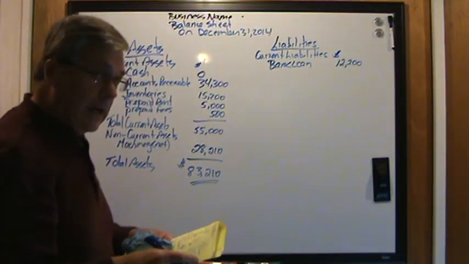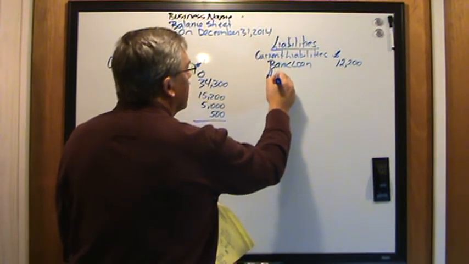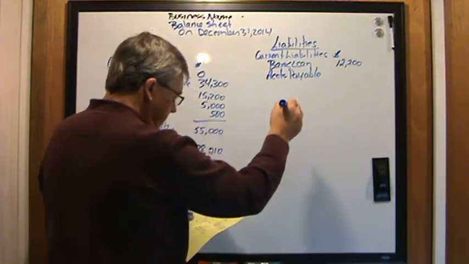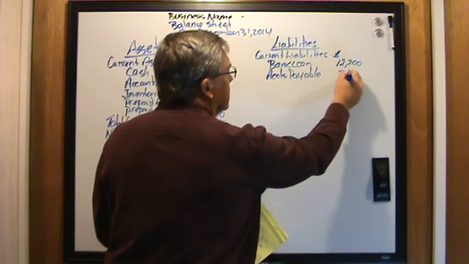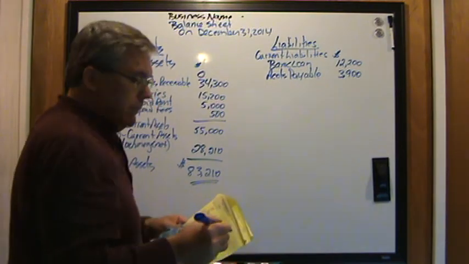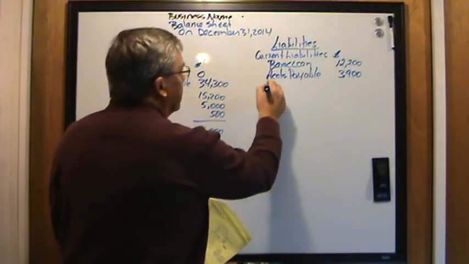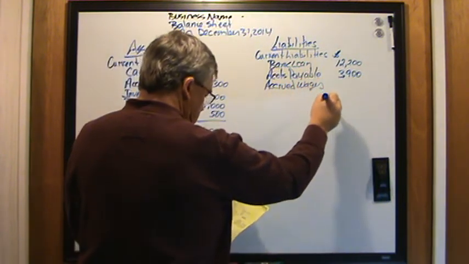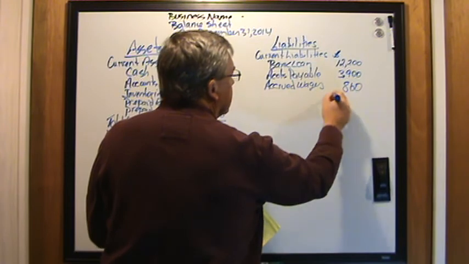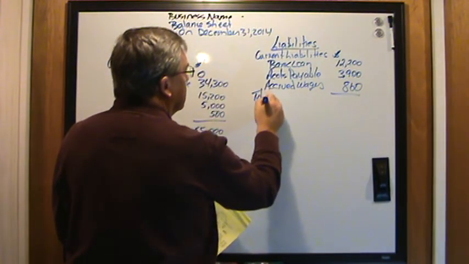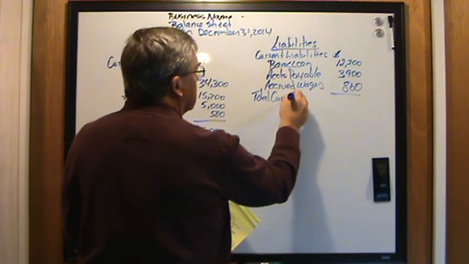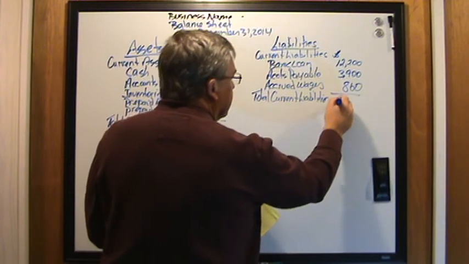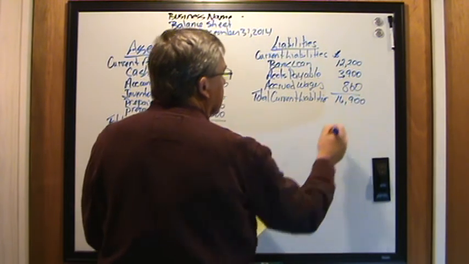We had accounts payable with an ending balance of 3,900. And we had accrued wages at the end of the year. So accrued wages are 860. So total current liabilities are equal to $16,900.